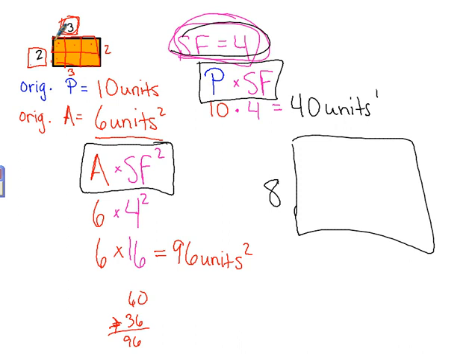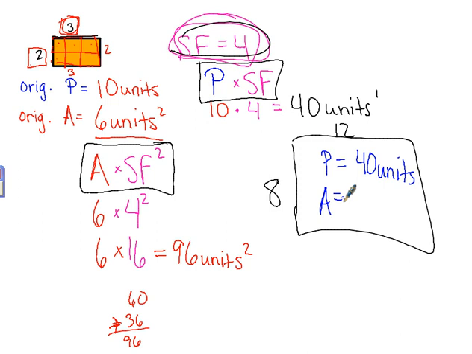The new top side would be 3 times 4, which is 12. Our new perimeter would be 12 plus 12 is 24, plus 8 would be 32, plus 8 would be 40 units.